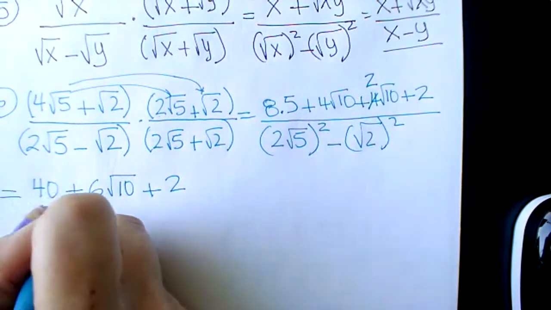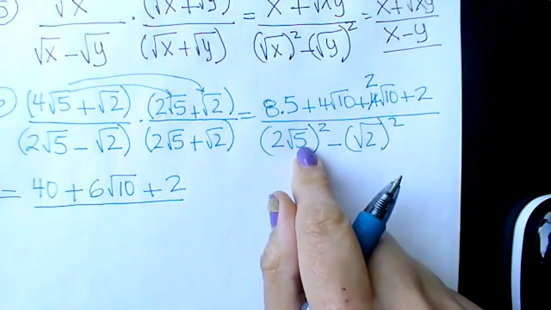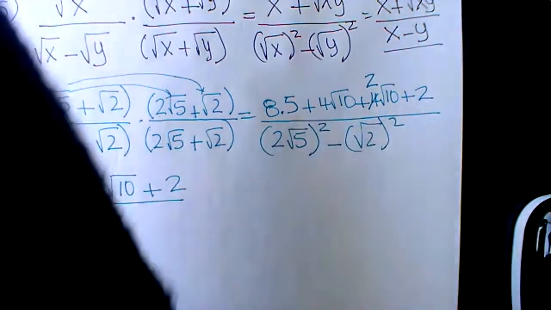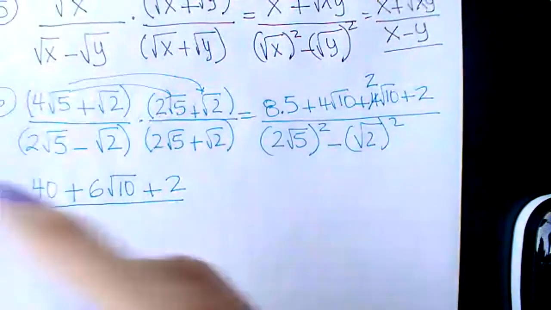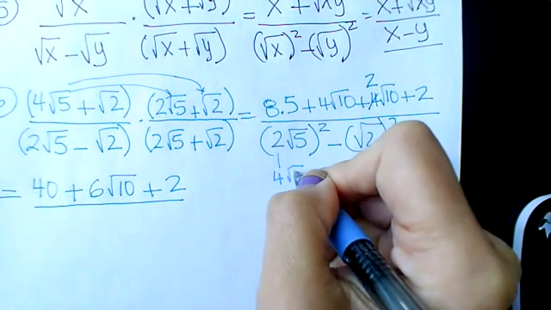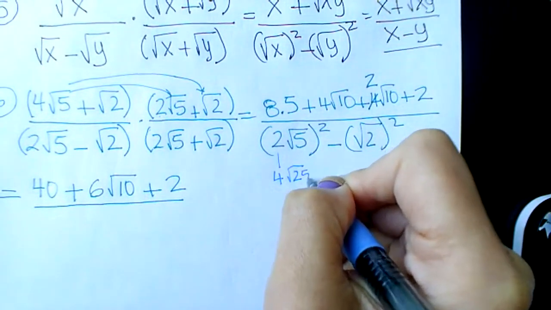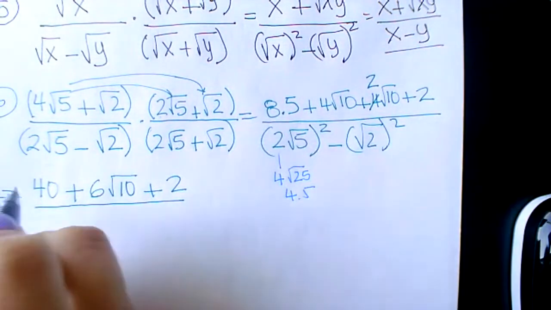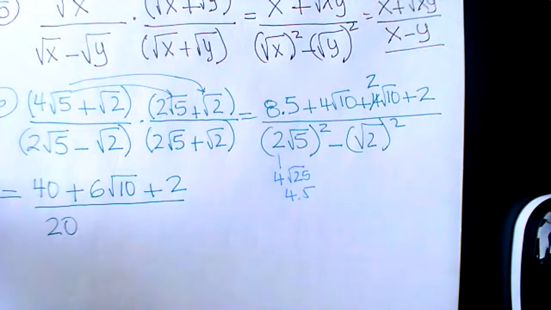And on the bottom, we're going to have, what is this? This is 4, right? This is going to be 4, and this is going to be what? Square root of 25. So this is going to be 4 times 5 is 20.